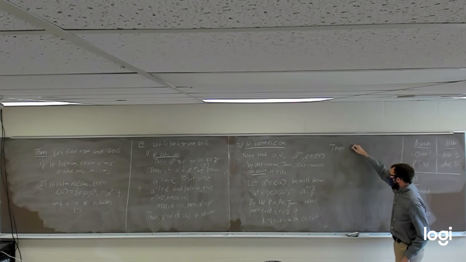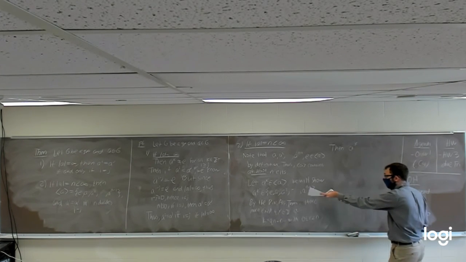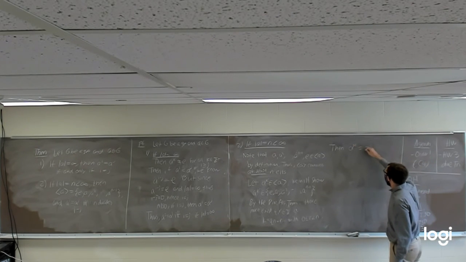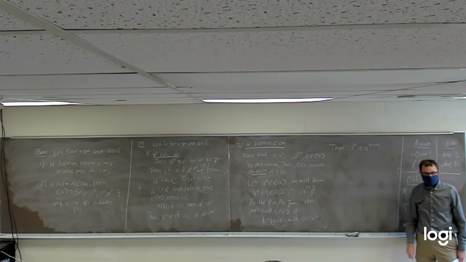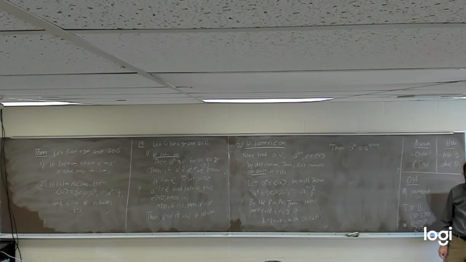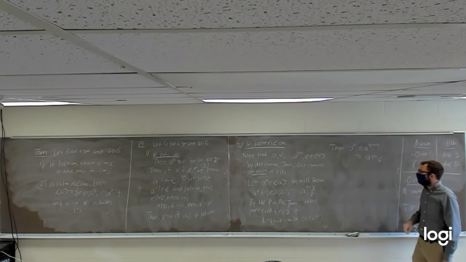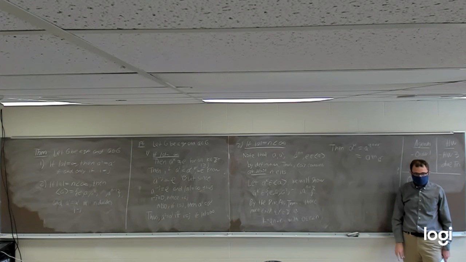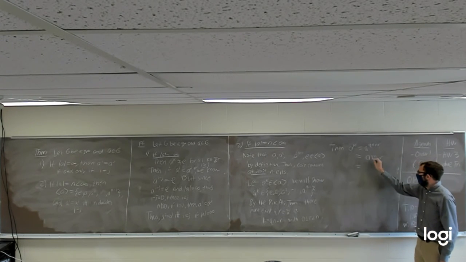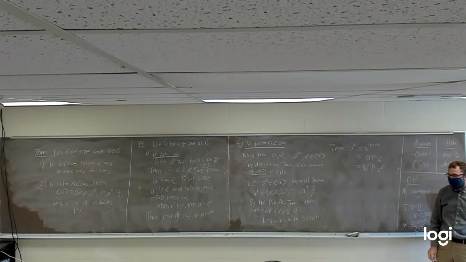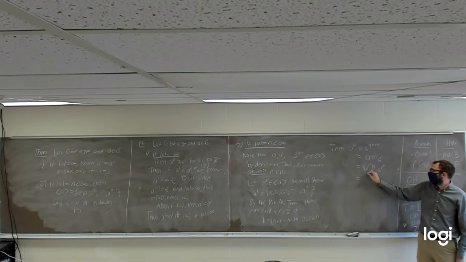I'm going to use that to say that A to the K, this thing that we'd like to show is in the set E through A to the n minus 1, I claim, has to be equal to A to the power of Qn plus R. But wait, we can split this up into A to the Qn, A to the R. But wait, we could split this up even more to A to the n to the Q, A to the R. Here is the clincher.